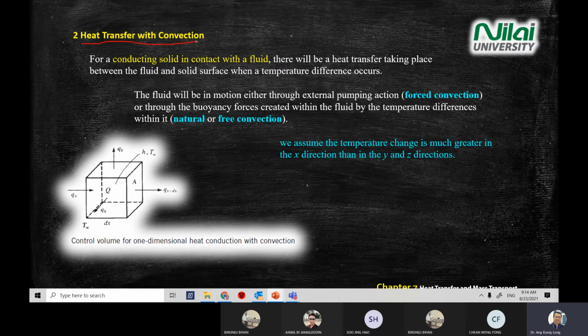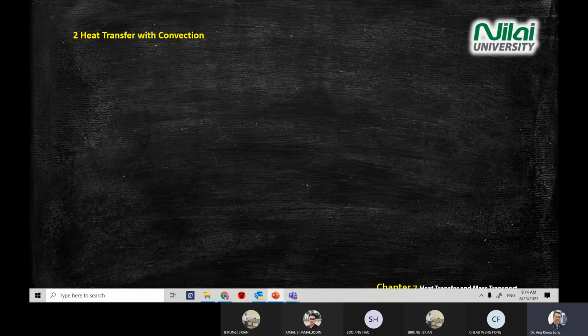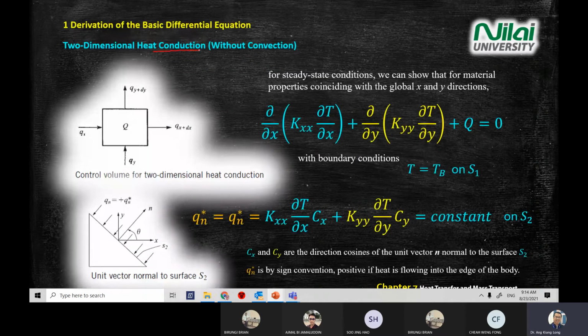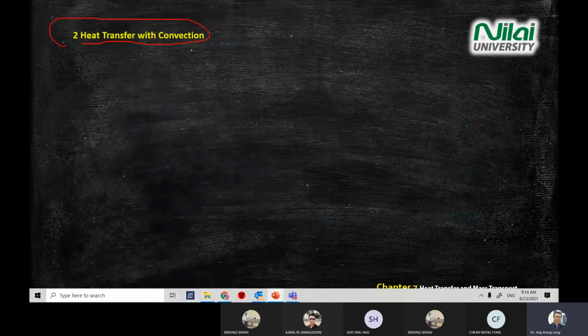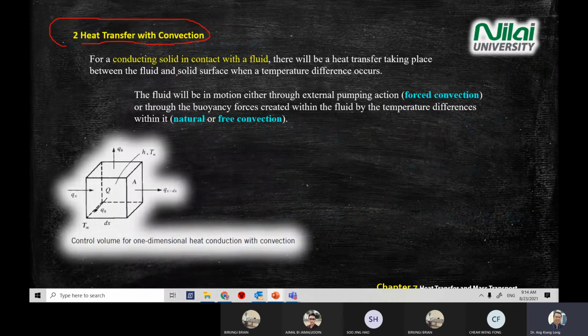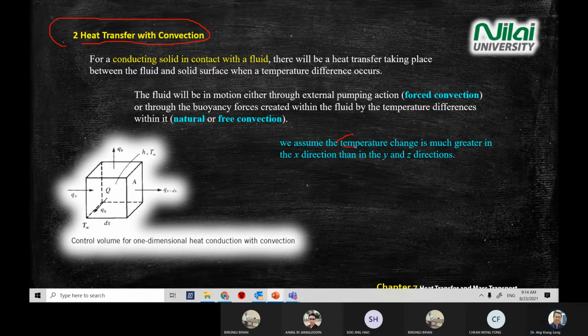Normally for heat transfer with convection, we have done conduction already. Now we look at the convection case. For convection cases, we will assume the temperature change delta T is greater in the X direction compared to the Y and Z directions.